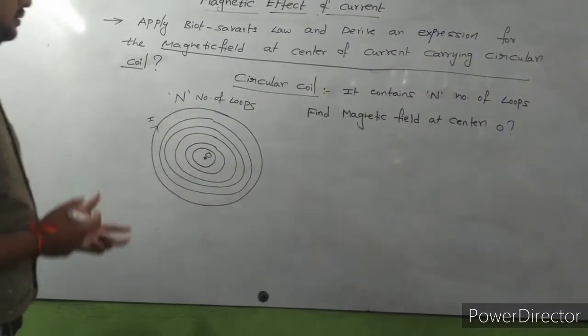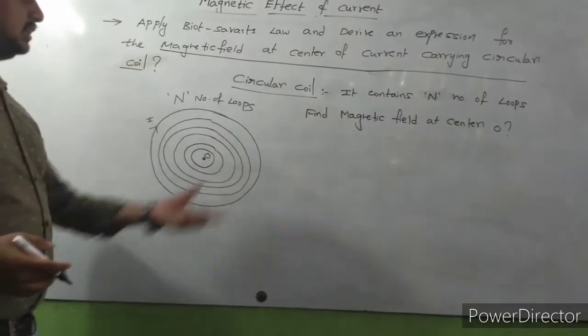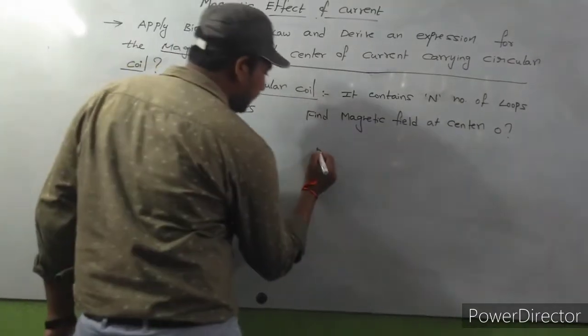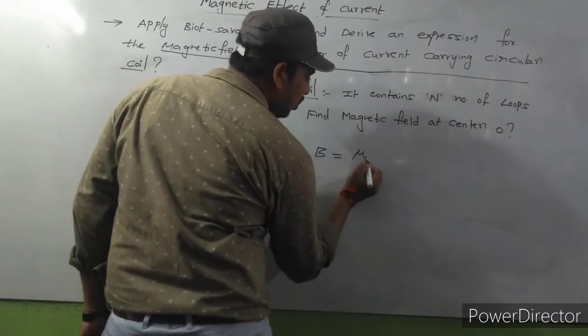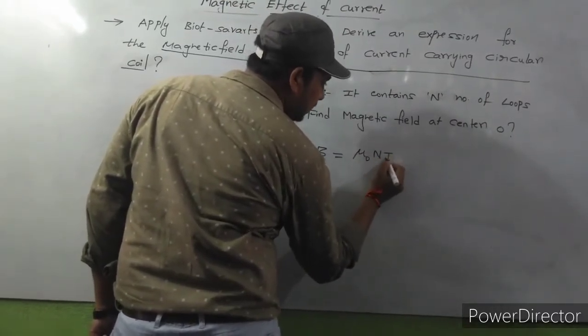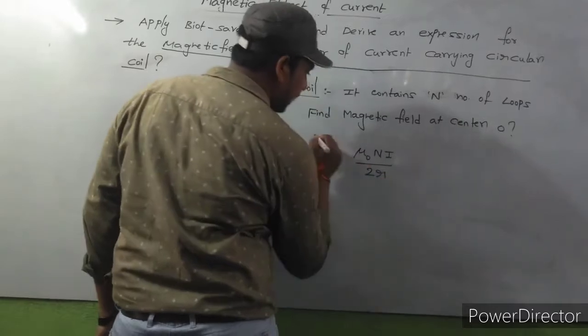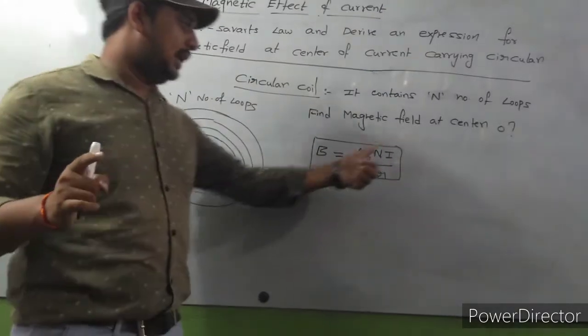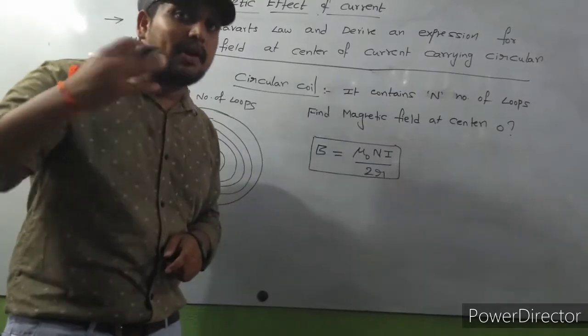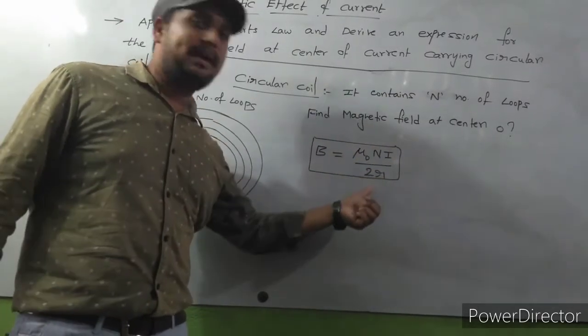Okay, so N number of loops are there. This is a coil. Then the magnetic field at center B is equal to mu naught N I by 2R. If one loop is there, mu naught I by 2R. N number of loops, mu naught N I by 2R.